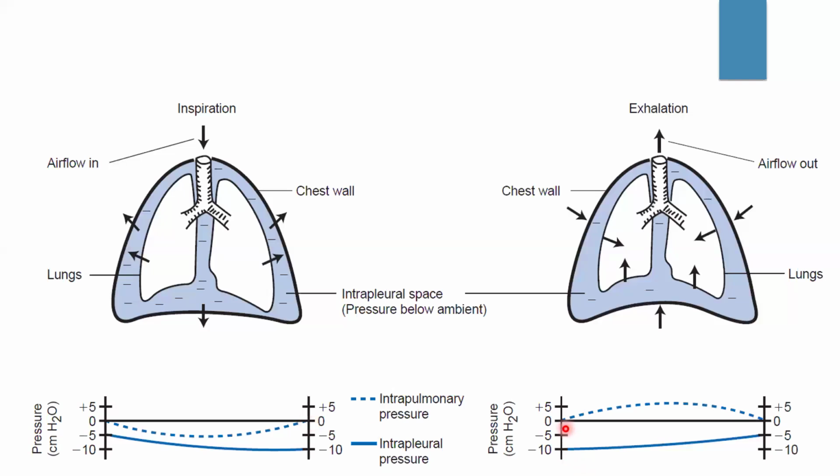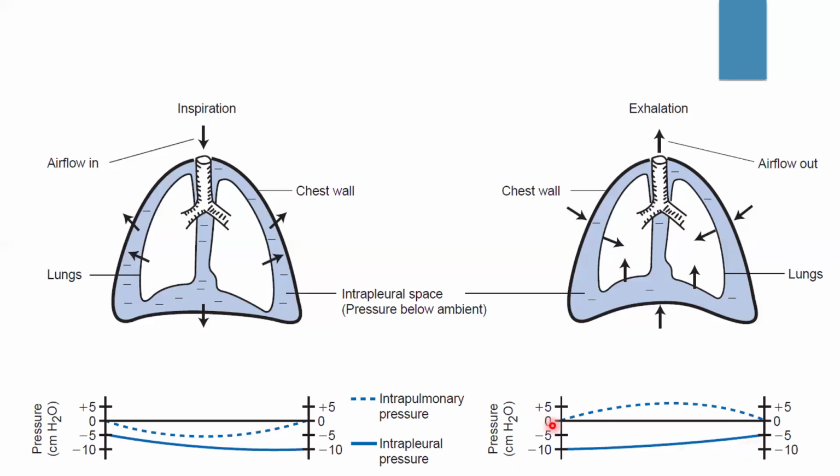And with expiration, see that when the diaphragm relaxes, the intrapleural pressure again goes from -10 to -5. So the diaphragm is relaxing, the pleural cavity size is reducing, and the pleural pressure goes back to the at-rest value.